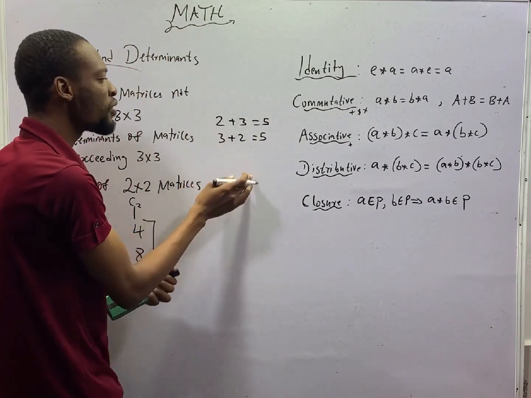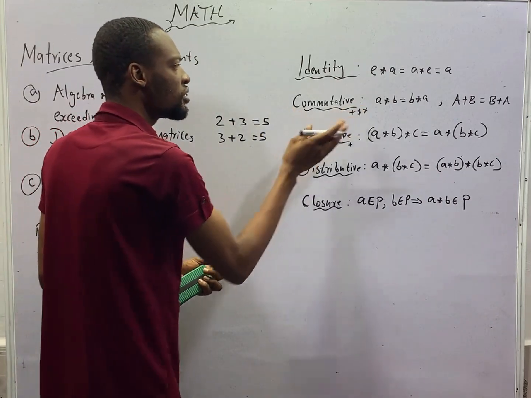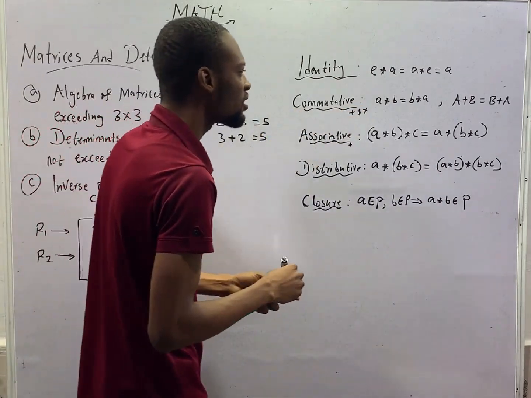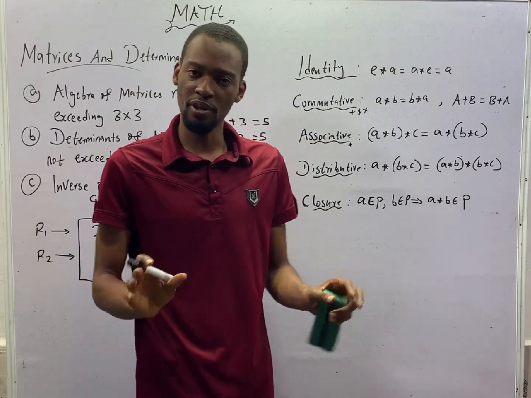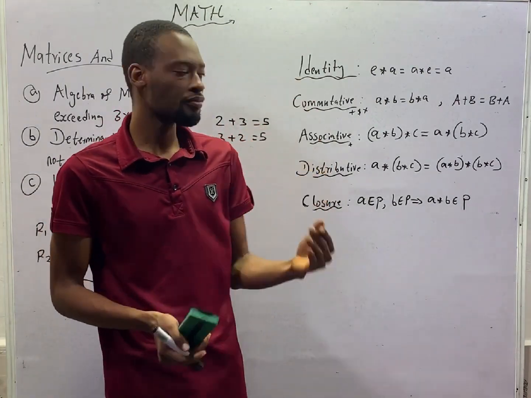So irrespective of the one that comes first, the answer remains the same. That is the commutative property. In binary operation, addition and multiplication are commutative.